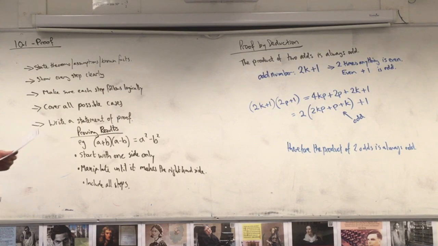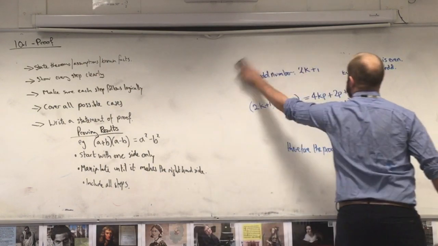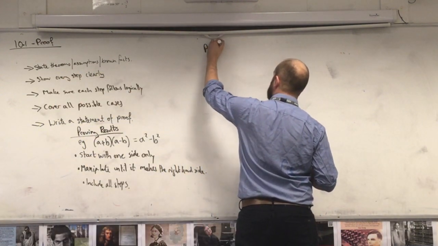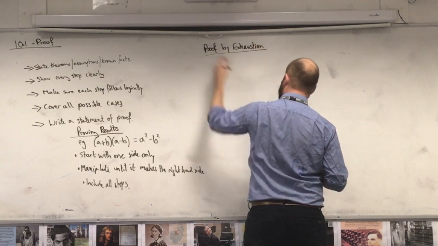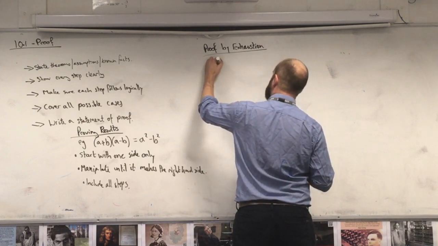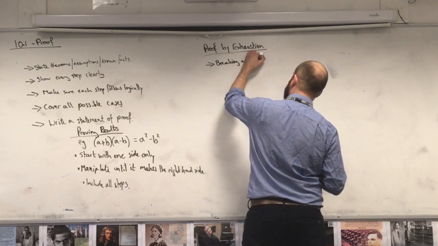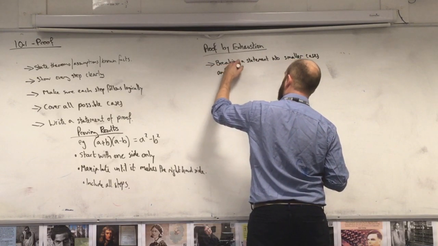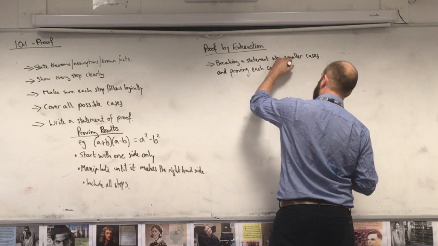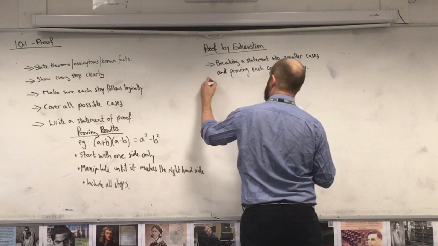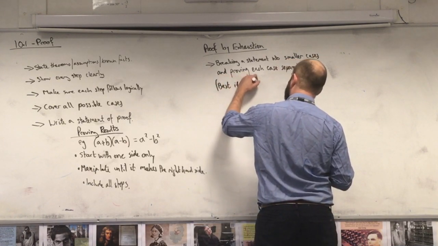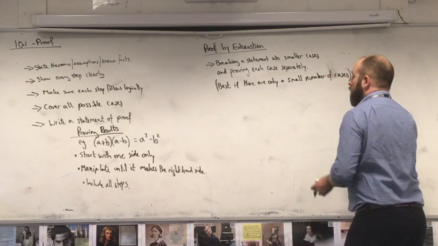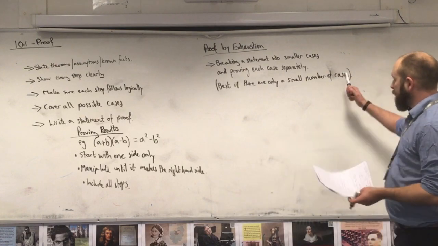There's one more kind of proof that we have to do, which is proof by exhaustion. So proof by exhaustion is another method of proof, and it involves breaking the statement down into smaller cases and then proving each case separately.